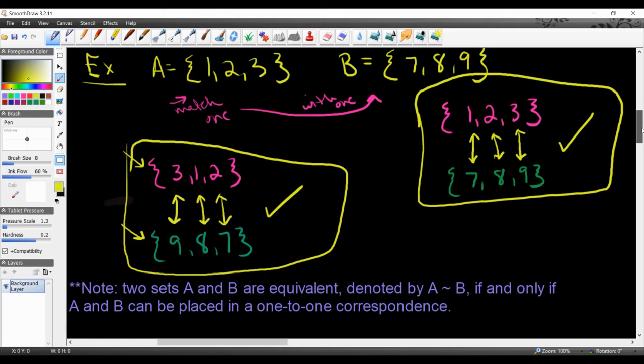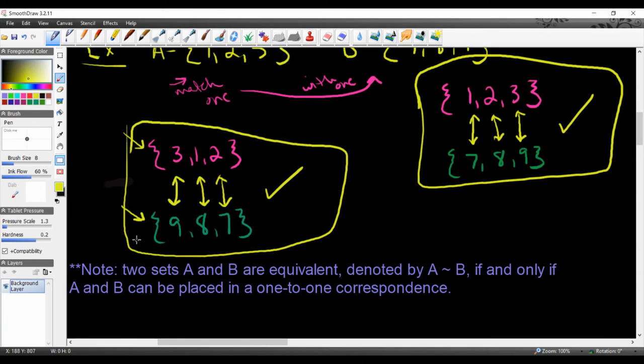Which leads us to a note here at the bottom. It says that two sets A and B are equivalent, but we've seen this before, if and only if A and B can be placed in a one-to-one correspondence. So if we have this one-to-one correspondence, like we showed two different ways here, then that means that the sets are equivalent.